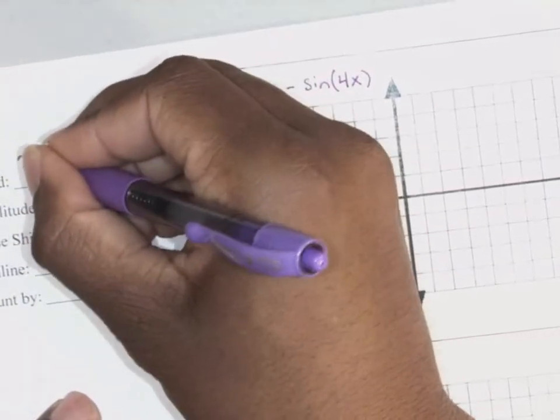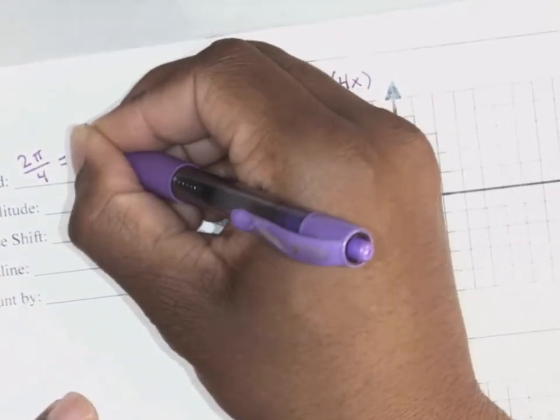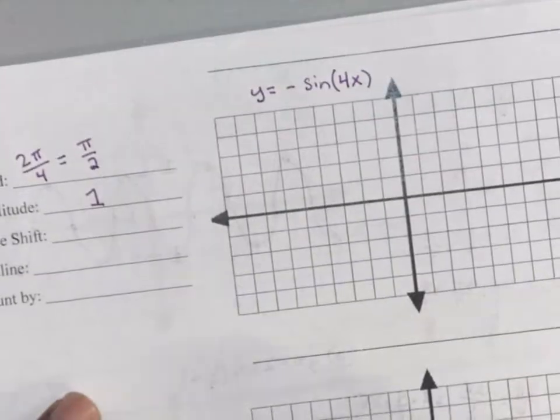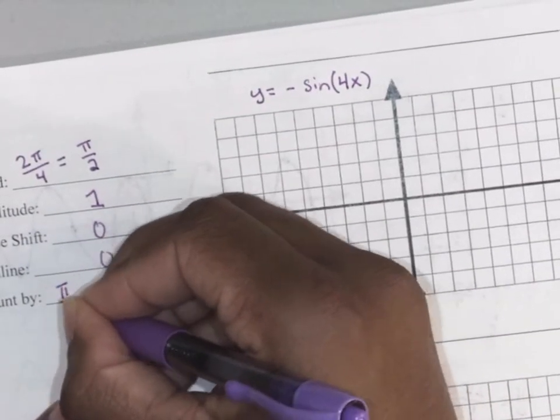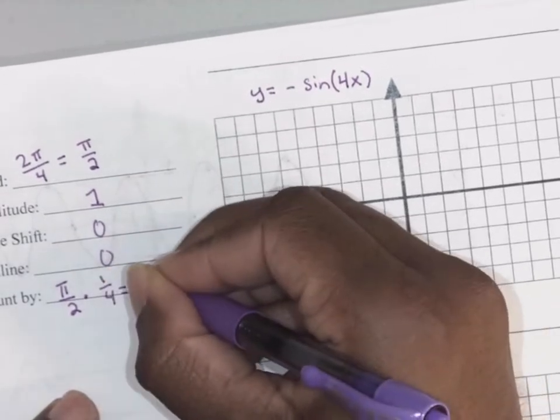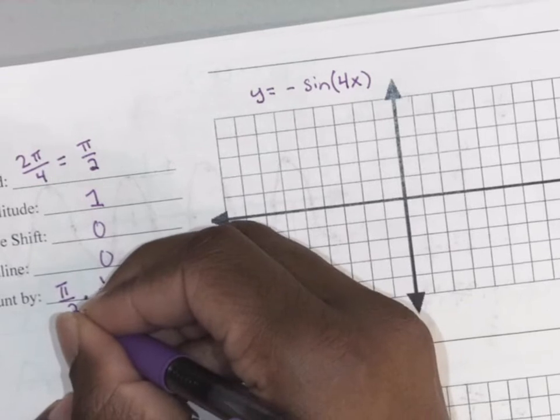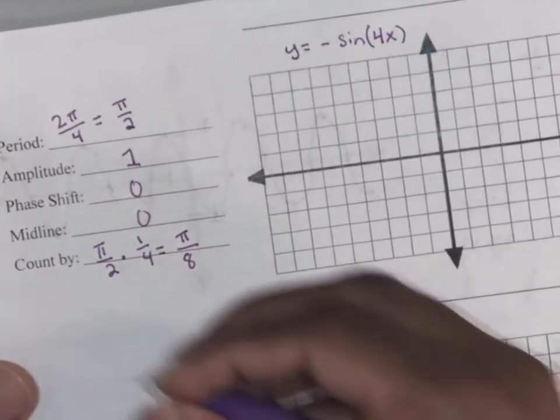Period will be 2 pi over b. b is 4, so 2 pi over 4, which can simplify to pi over 2. 0 and 0, and my count by, I take my period and I multiply by 1 over 4. So 1 times pi is pi, 2 times 4 is 8. So my count by is pi over 8.